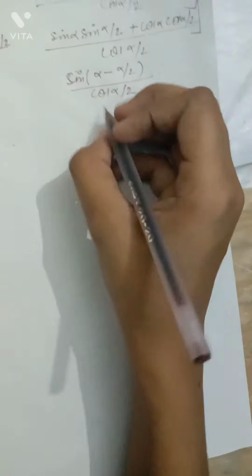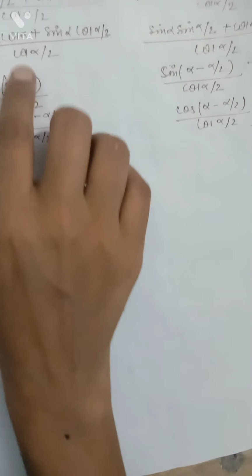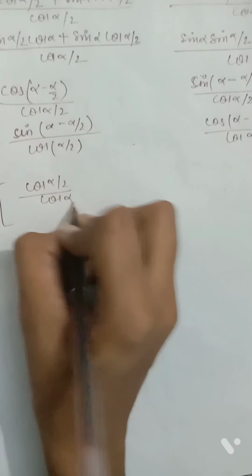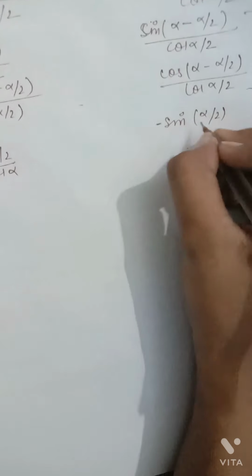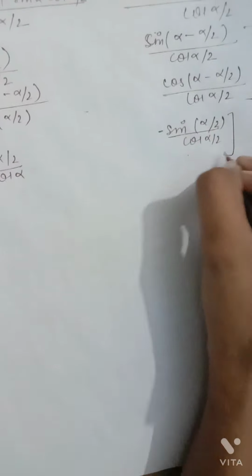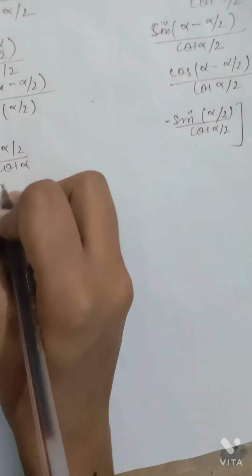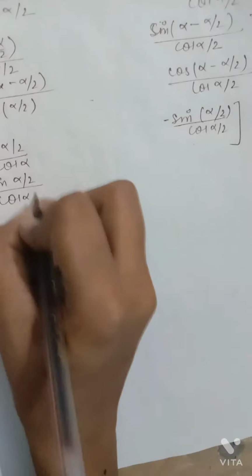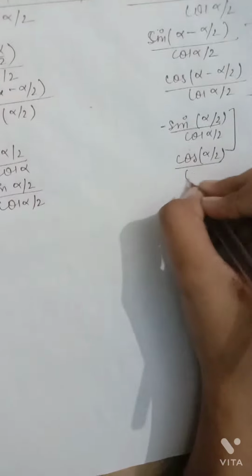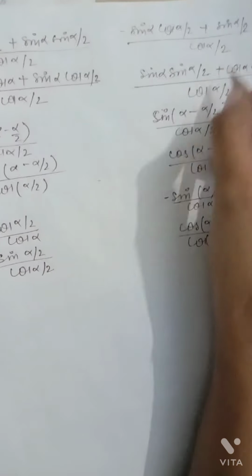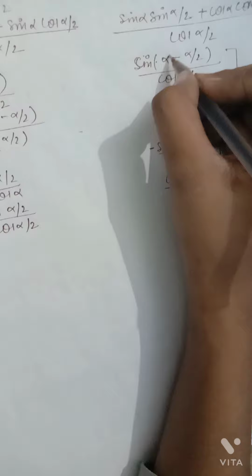Here cos A cos B plus sin A sin B, it is cos of alpha minus alpha by 2 upon cos alpha by 2. Now cos upon cos, this can be written as cos alpha by 2 upon cos alpha by 2. It is sin alpha by 2, it is negative, cos alpha by 2. It is sin alpha by 2 upon cos alpha by 2, and it is cos alpha by 2 upon cos alpha by 2.